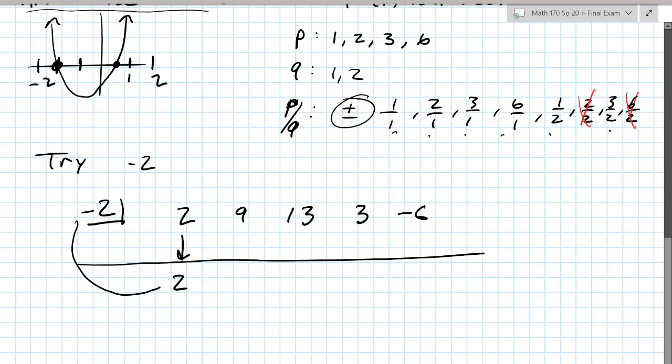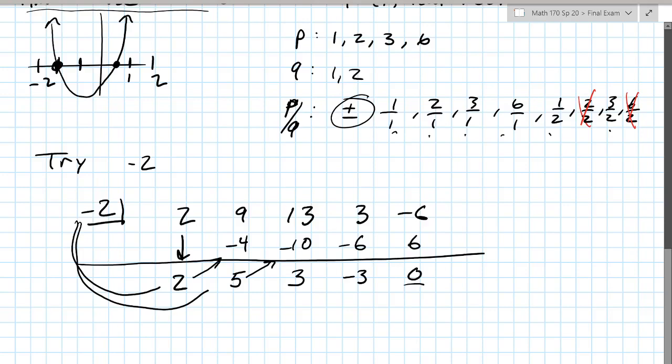Negative 2 times 2 is negative 4. 9 minus 4 is 5. Negative 2 times 5 is negative 10. 13 minus 10 is 3 times negative 2. 3 minus 6 is negative 3 times a negative 2 is positive 6.